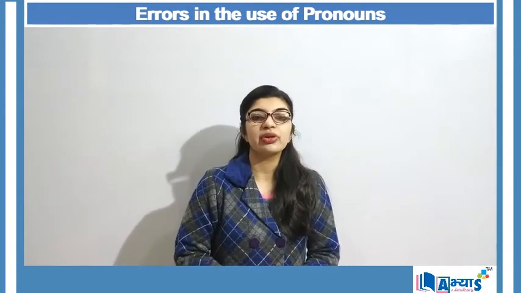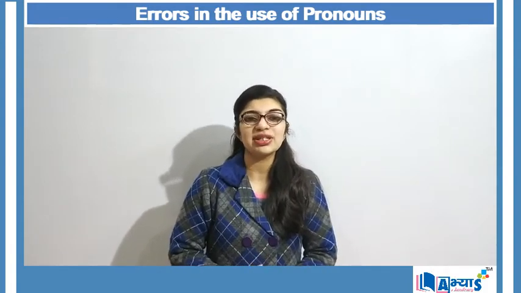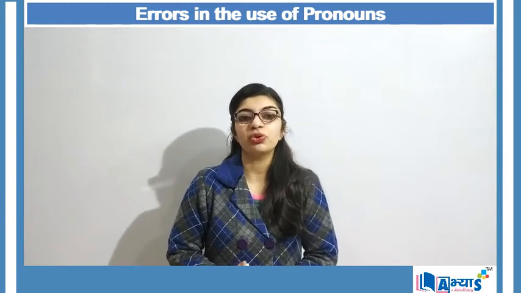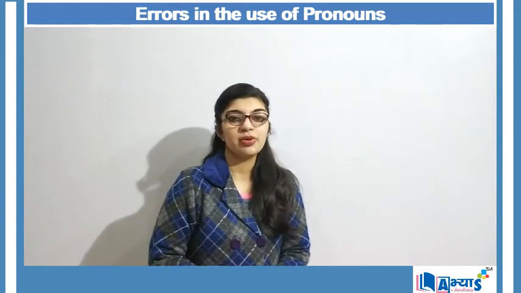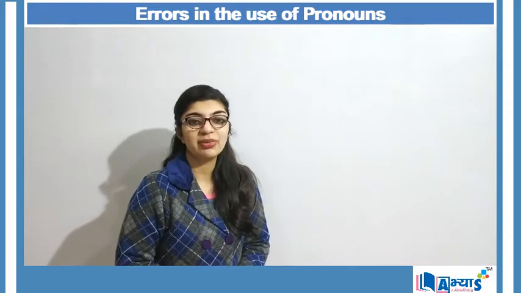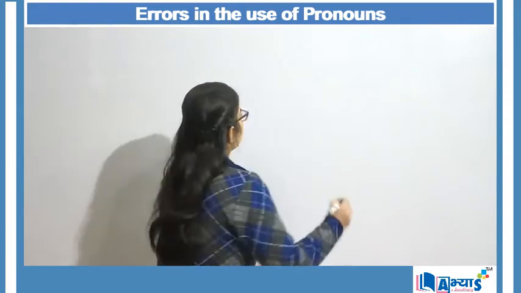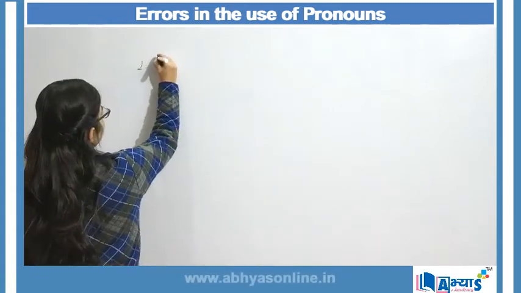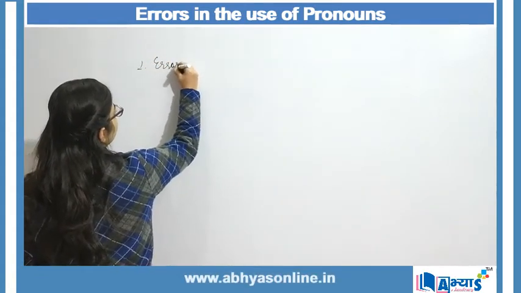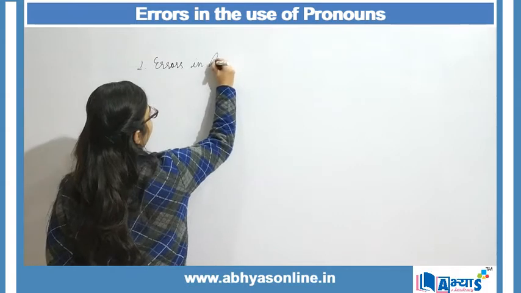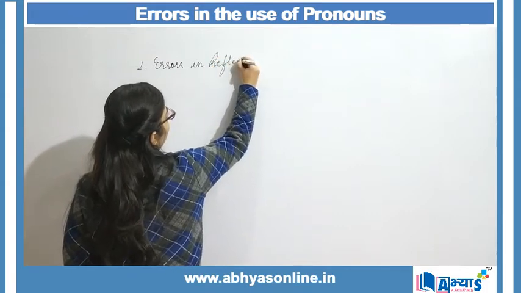So here we are going to discuss the general mistakes that are made in pronouns. First we will be discussing the mistakes which are made in the type of pronoun which is the reflexive pronoun. So first is errors in reflexive pronoun.